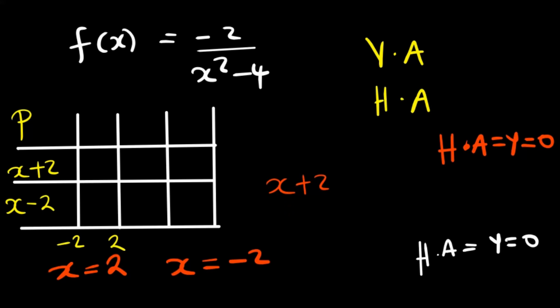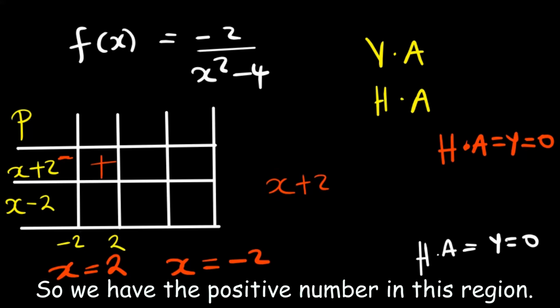So here I'm going to have a negative. Then any number between -2 and 2, let's say a 0, what are we going to have? We're going to have a positive number. Then any number that is greater than 2, let's say a 4, we are still going to get a positive number. So we have a positive number in this region.